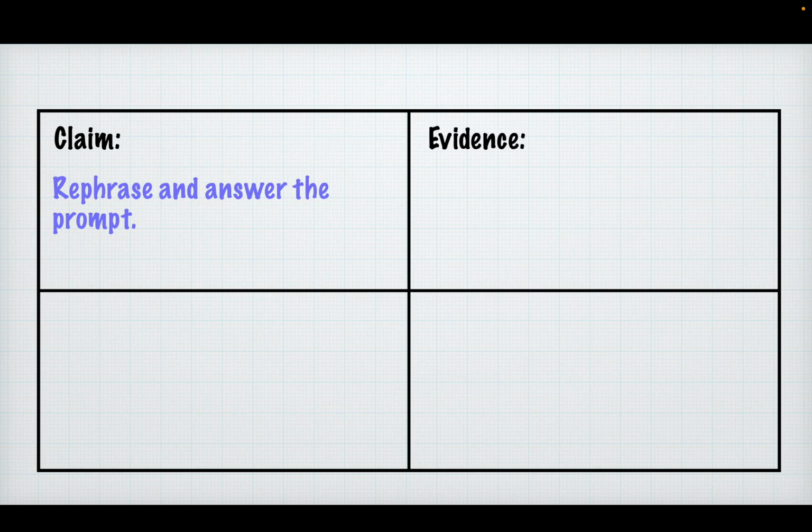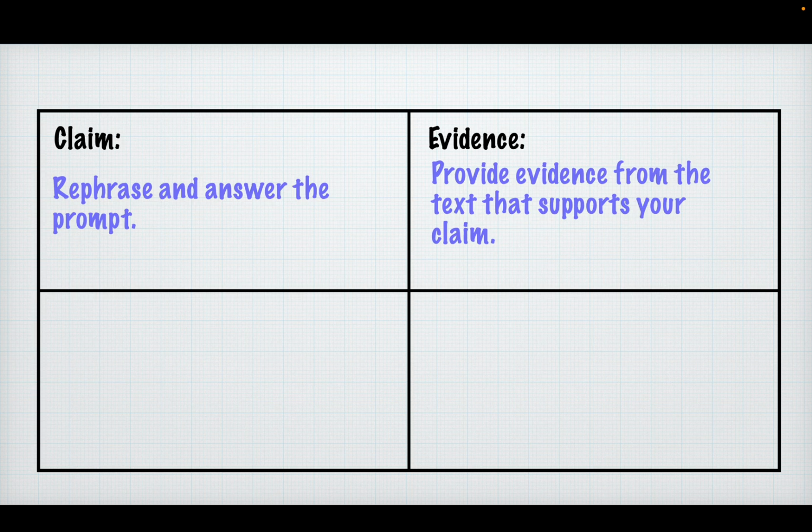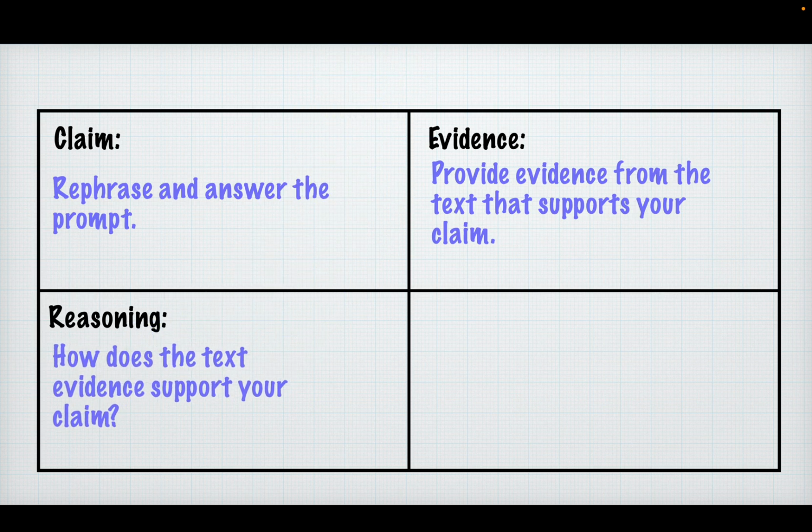The next box is your evidence. So here you're going to provide evidence from the text that supports your claim. Next, we have reasoning. This reasoning is you connecting the text evidence to your claim. So how does the text evidence support your claim?